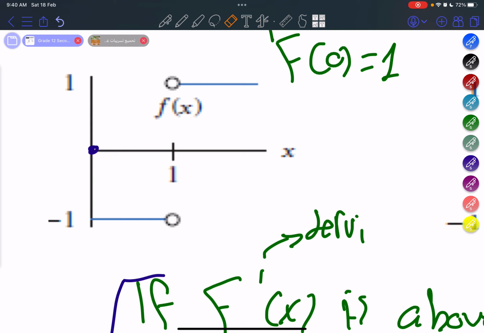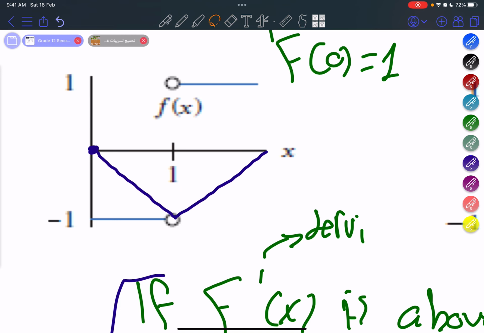Hence, what will happen? The function will decrease. So it will decrease until 1, and then there is a critical point or a sharp corner, an undefined point. It started increasing, and we know it's non-differentiable because there's a jump. It's discontinuous. Hence, it will go up like this.